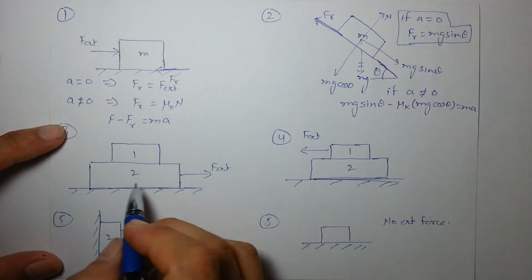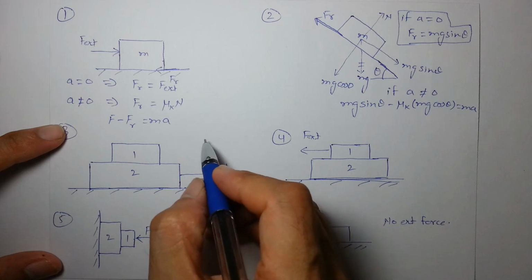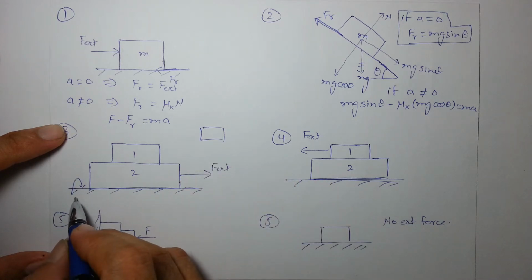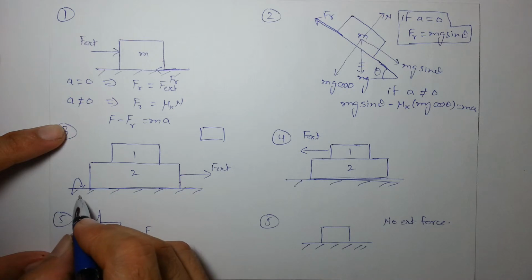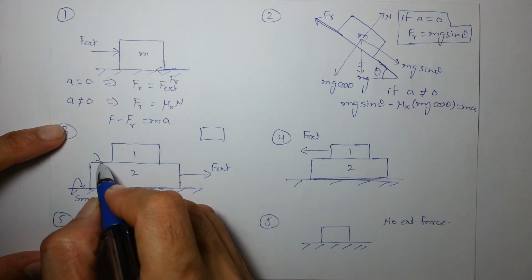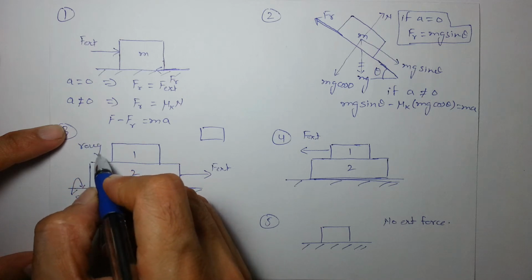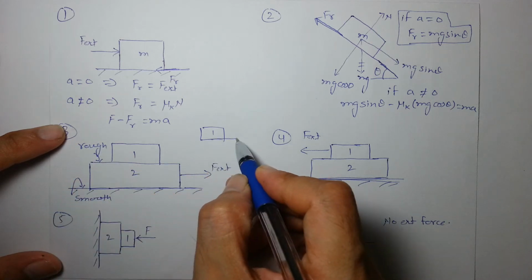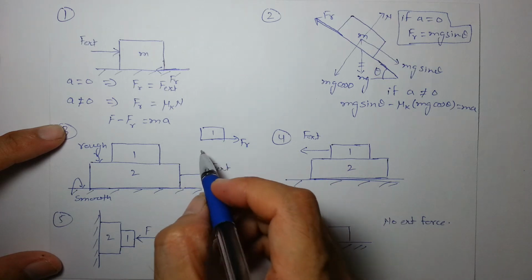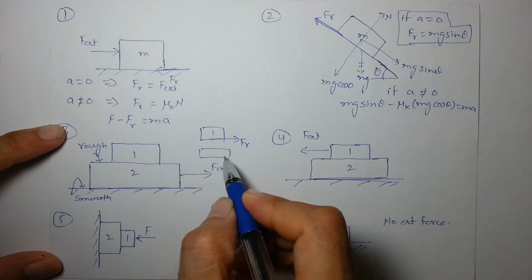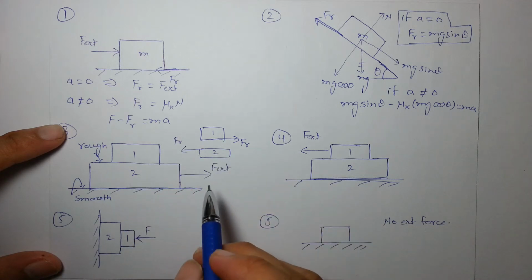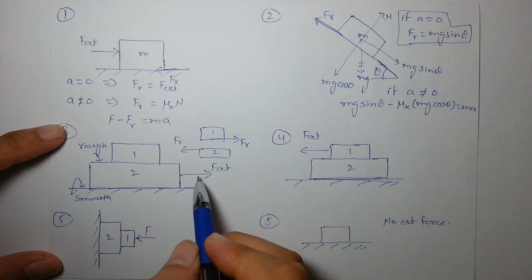In this case, consider friction on block 1. Let's say the surface here is smooth and this is rough. On 1, friction will act in the forward direction, and on block 2 the equal amount of friction will act in the backward direction. Just listen to my explanation.